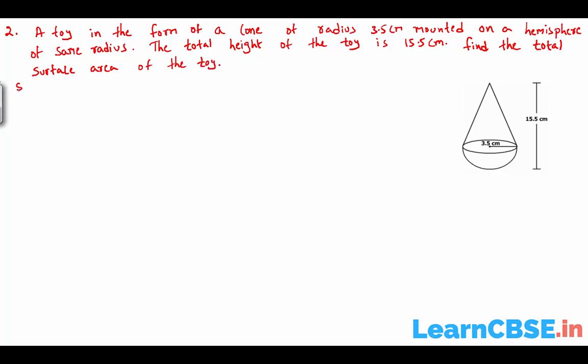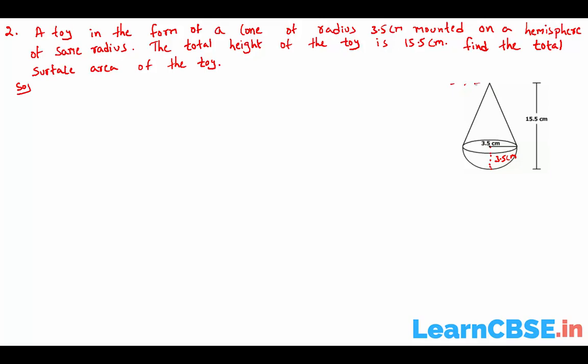Solution: a toy in the form of a cone surmounted on a hemisphere with radius 3.5, and the total height of the toy is 15.5. If you observe, this is the radius and this will be considered the height of the hemisphere, that means for a hemisphere the height and radius are the same.